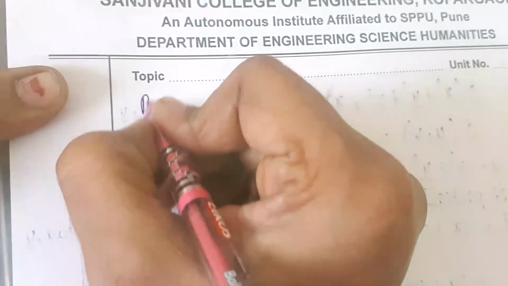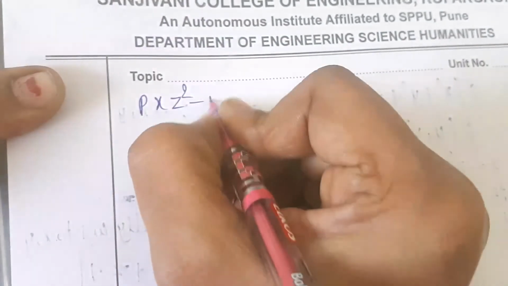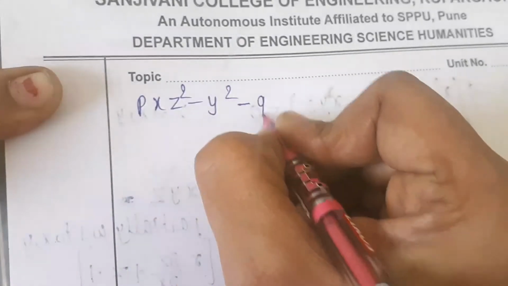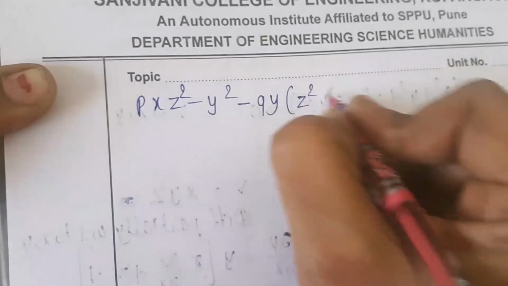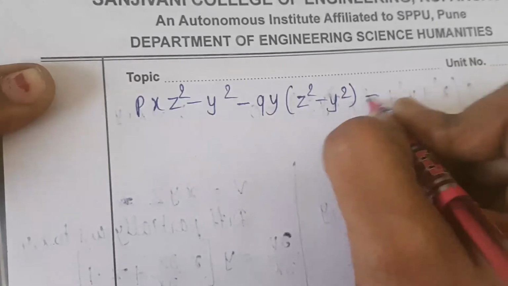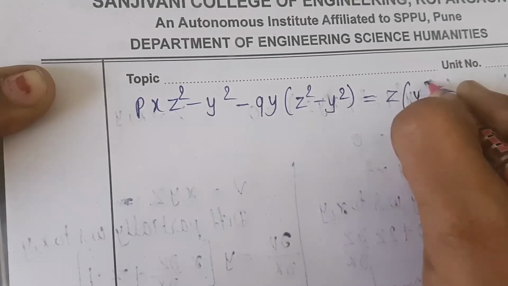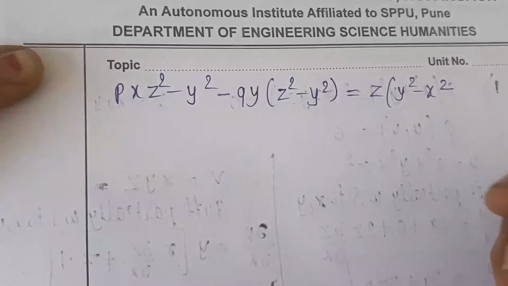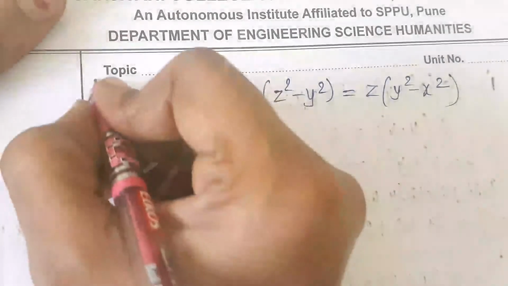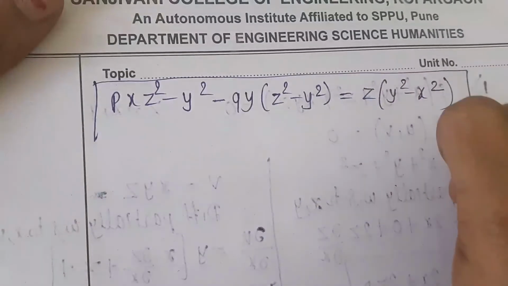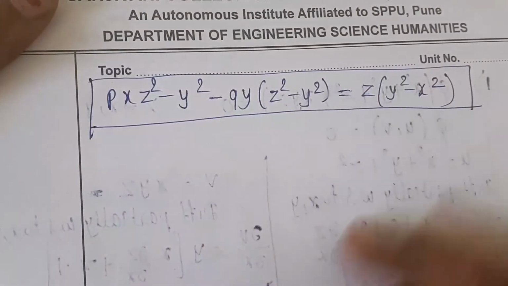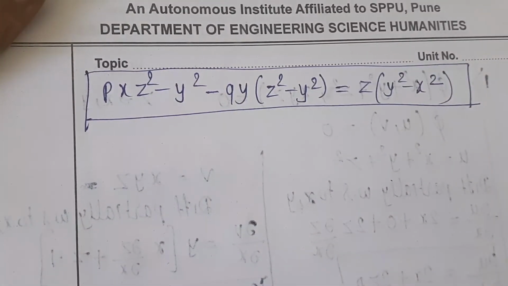We can only write it as px times z square minus y square, minus qy multiplied by z square minus y square, is equal to z times y square minus x square. So this is the partial differential equation which we obtained by eliminating the arbitrary function phi.